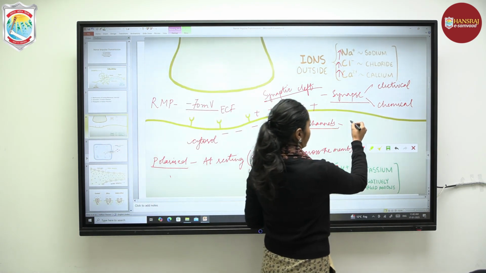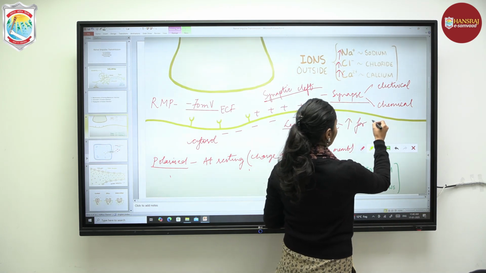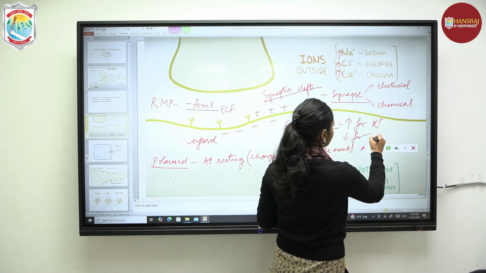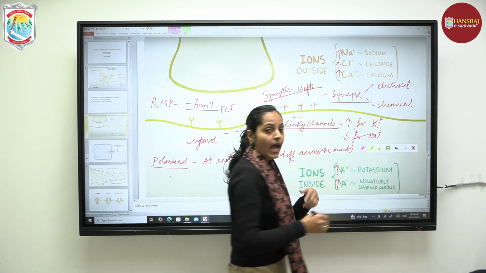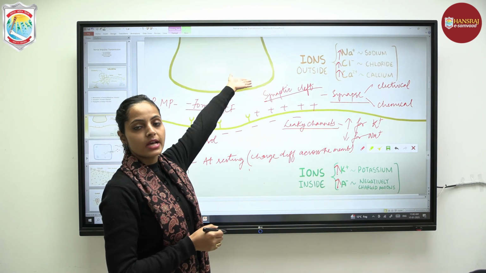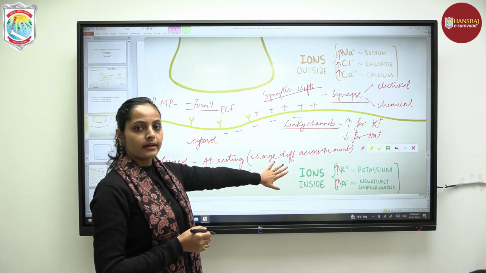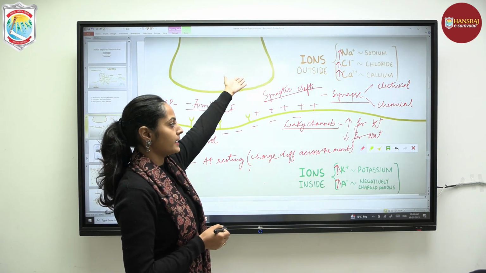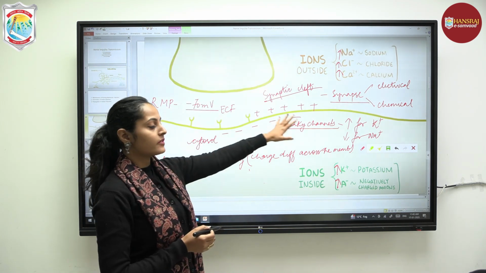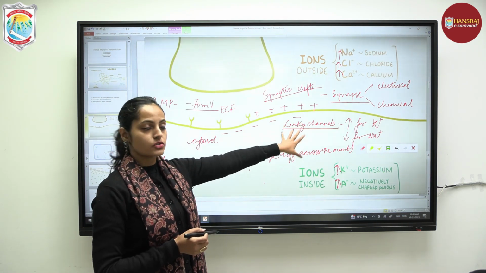So leaky channels are higher for potassium and lower for sodium, as a result of which more potassium moves outside because the concentration is higher this side, so obviously they move outside, and less sodium comes inside because we have less number of leaky channels for sodium.